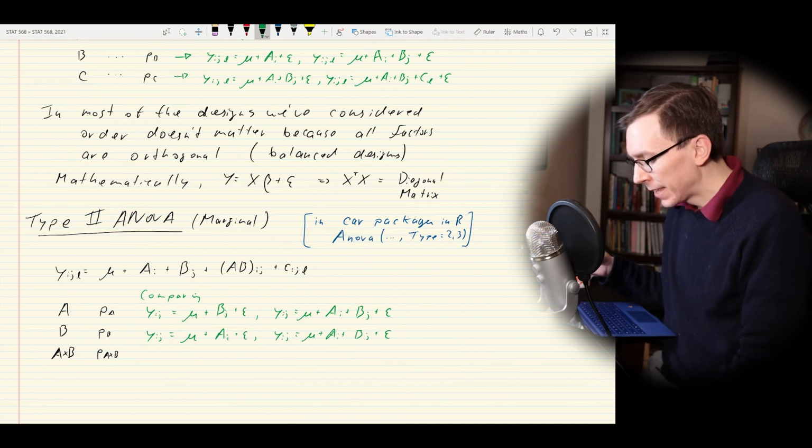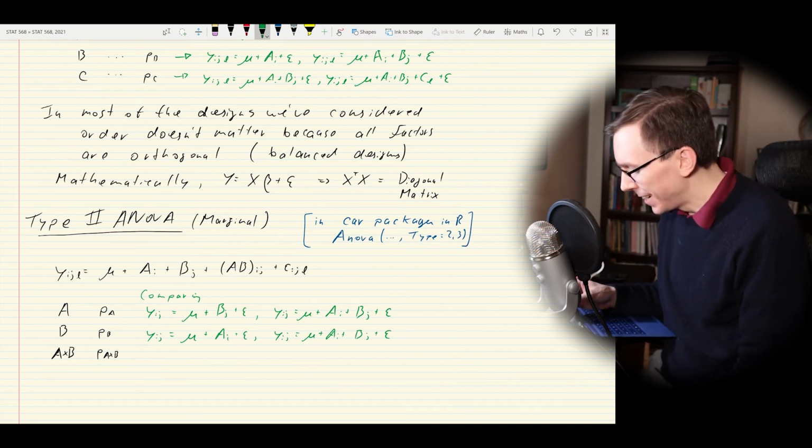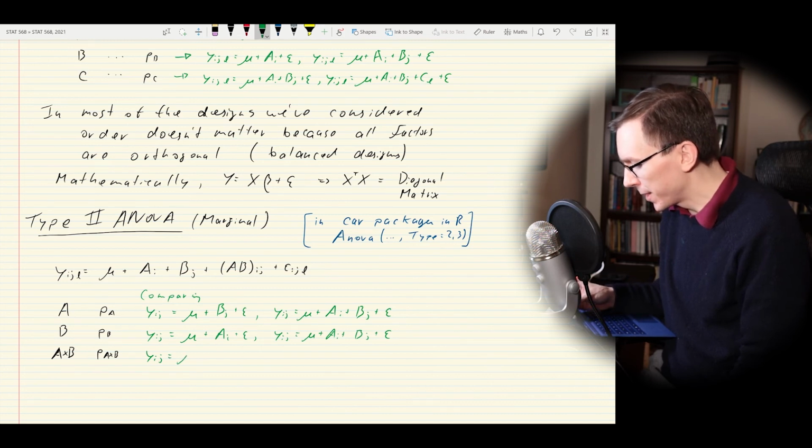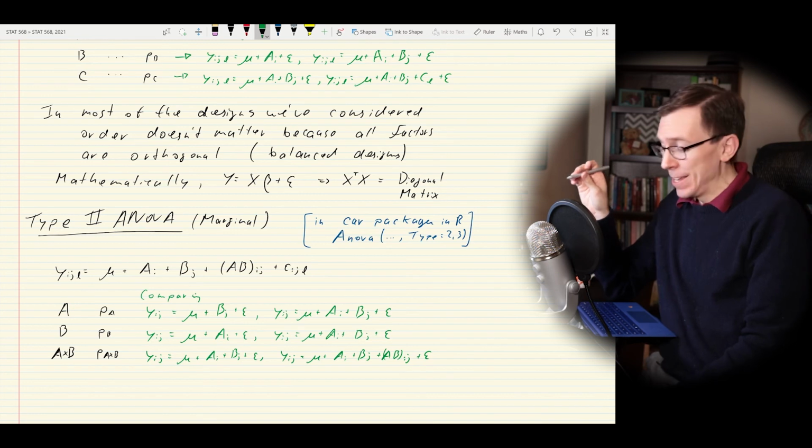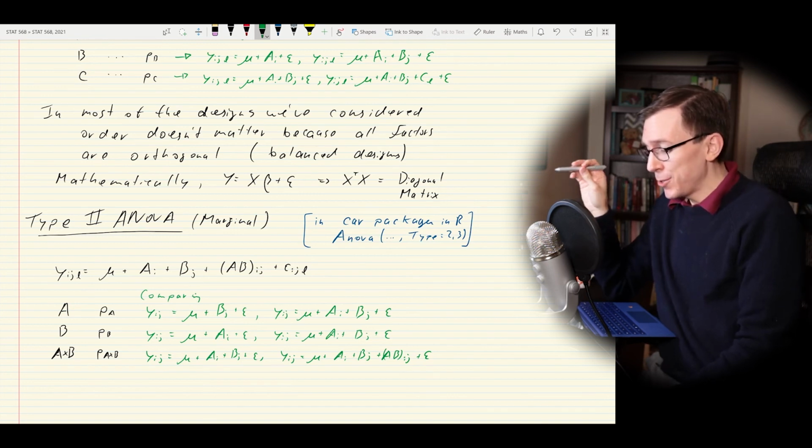Lastly, if I were to test this interaction term, I would be testing the model with just the main terms Ai and Bj, and comparing that to the full model, which has all the terms, including the interaction term, plus epsilon. So that's what type 2 ANOVA is doing.